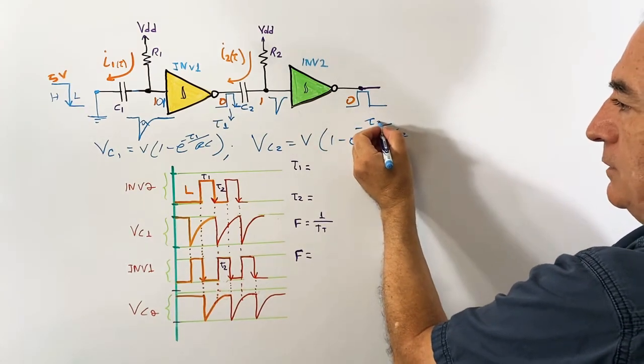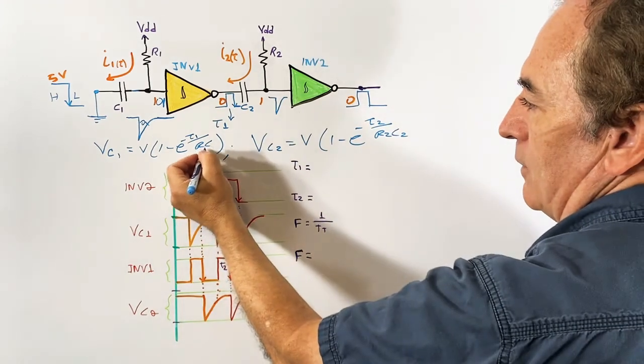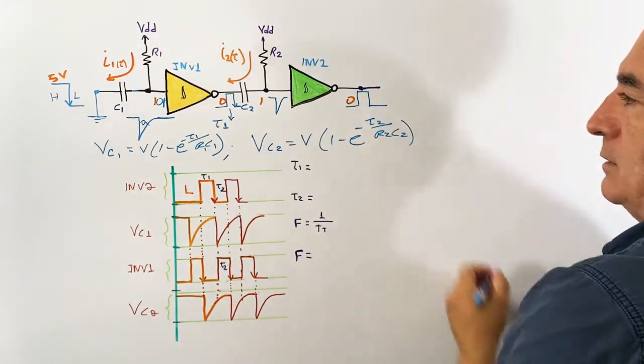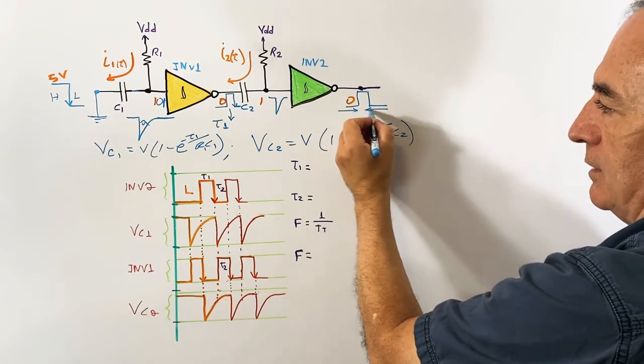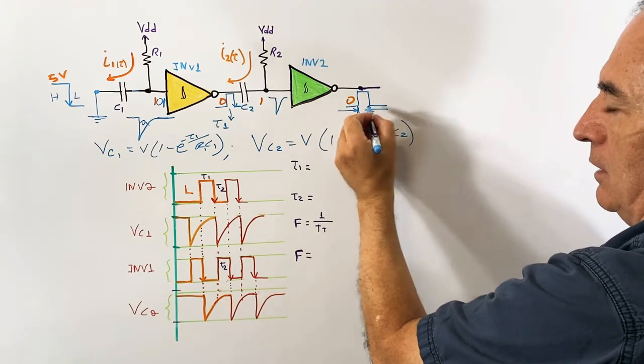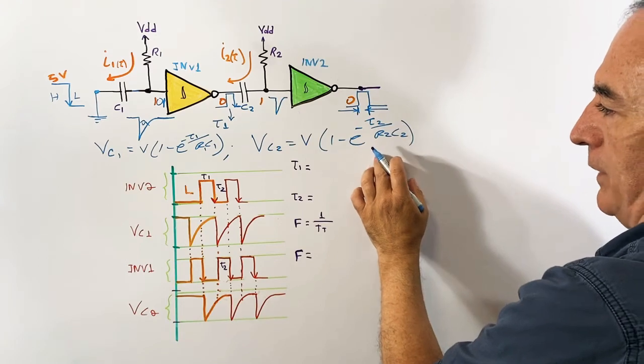We can call this T2, and right here is R1 C1. So if you need to know the period of this pulse from here to here, you solve it from here.